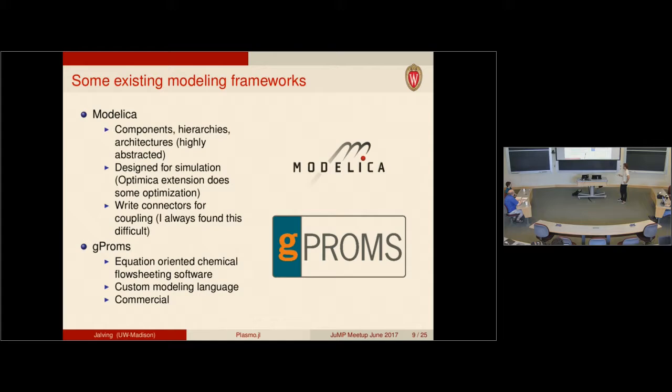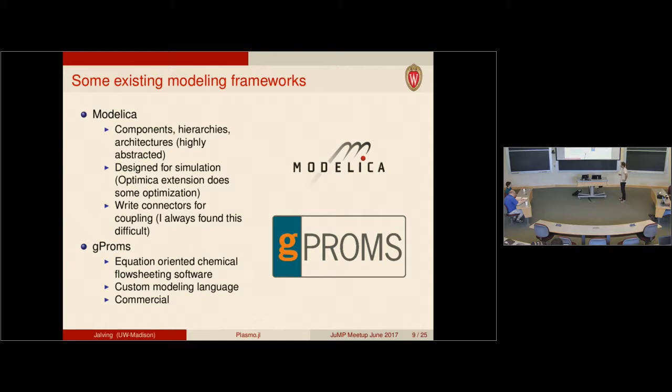Again, some of the limitations with that was it was designed for simulation. It's limited on what kind of optimization problems it can really solve. For instance, it can't do any sort of mixed integer problem. Also, personally, I always found writing connectors in Modelica to be extremely complicated. I don't know if anyone in the room has really had experience doing that sort of activity.